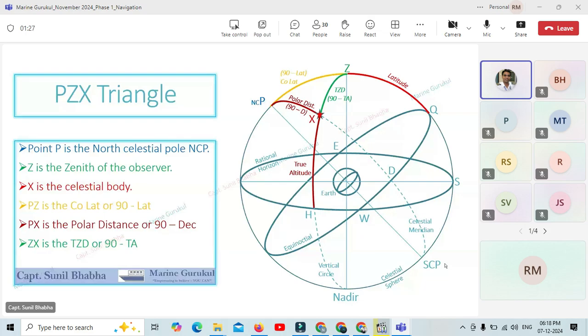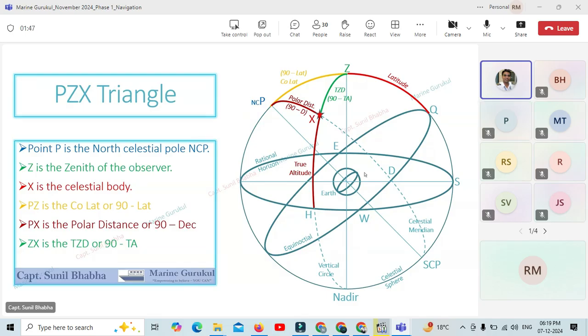If you come to the North celestial pole to the equinoctial, that will be 90 degrees, from pole P to Q. And the third one, sir, is the polar distance.